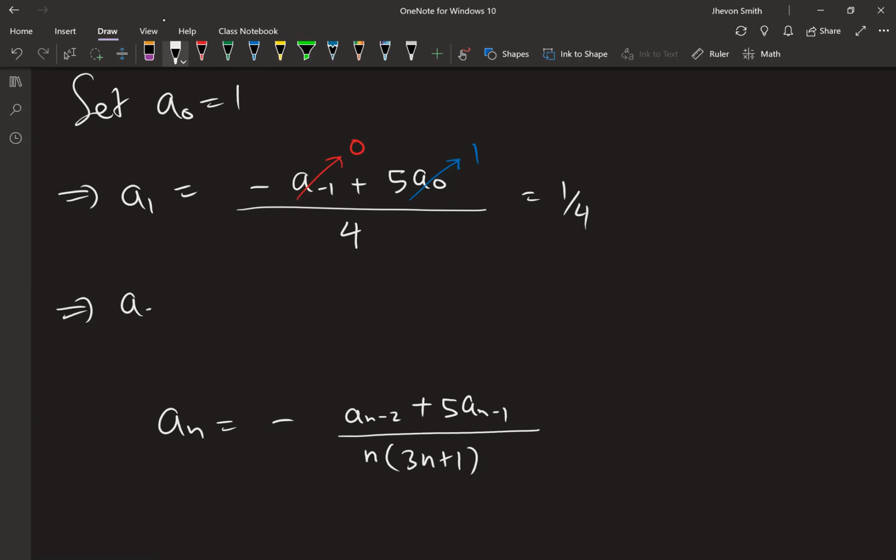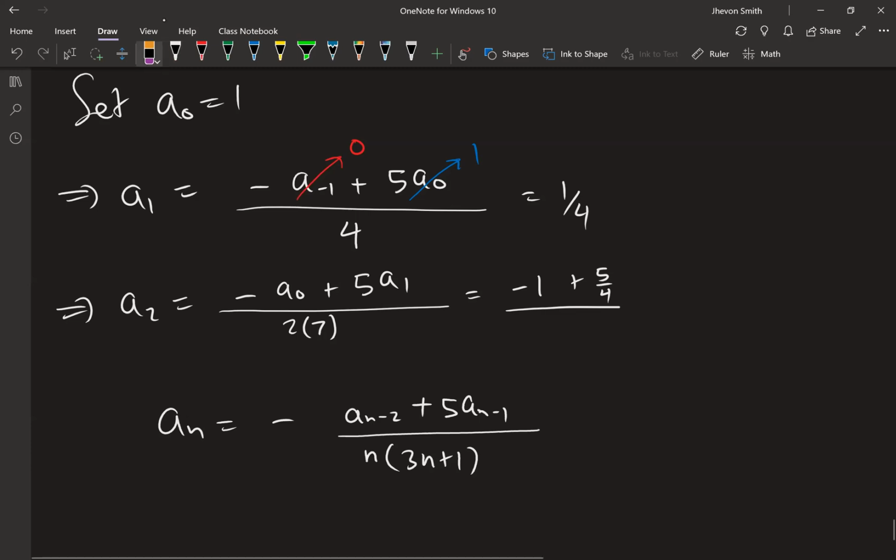This also means that A2, when I plug in 2 for n, is going to be minus A0 plus 5 times A1 over, plug in 2 for n, this is 2 times 7. So that's going to be minus 1 plus 5 times 5 over 4. Yes, this should be 5 over 4 here.